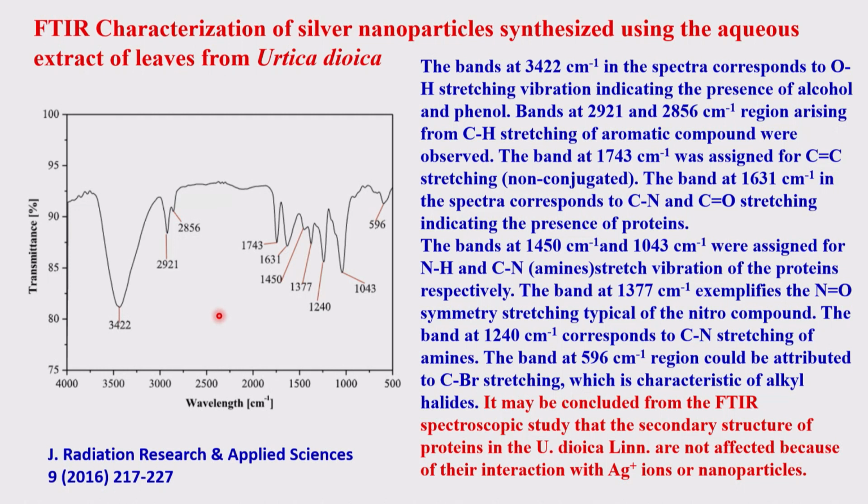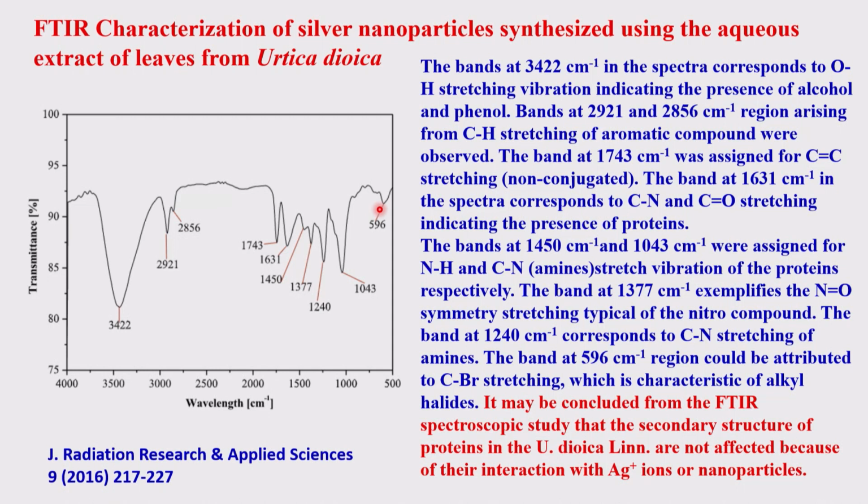The amide group has the amide bands, amide 1, amide 2, amide 3 at least, which come within this region. As well, in the range a bit below that you can have the NH and CN of the amines, and then you can also have NO stretching vibrations, and then CN vibrations, etc. All of these are possible. And way below you can have the carbon with a very heavy atom.